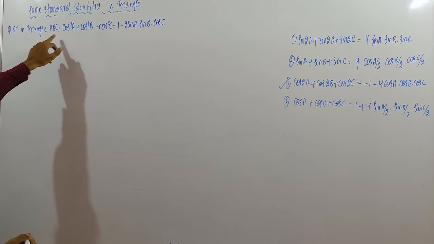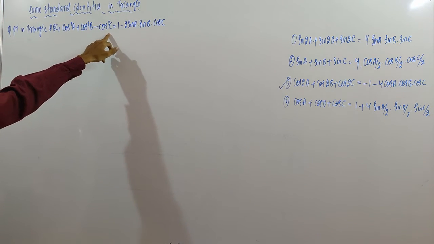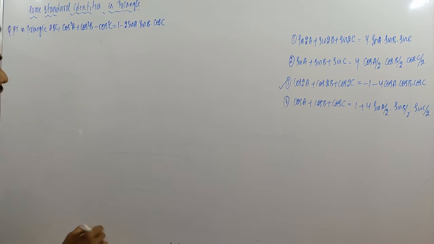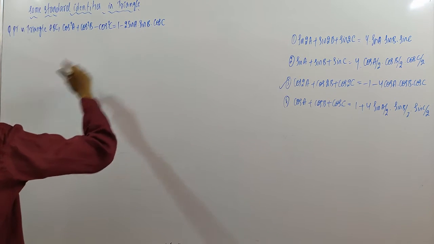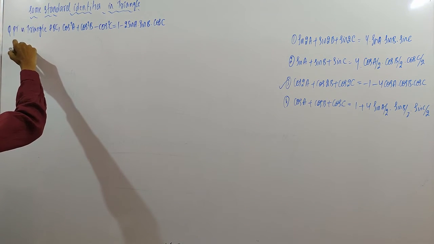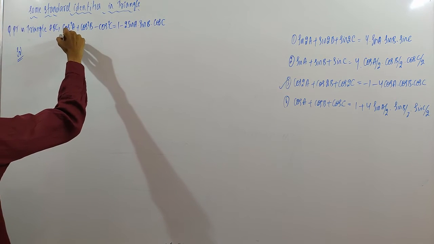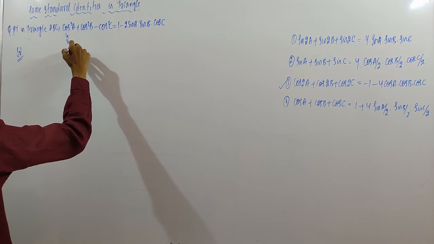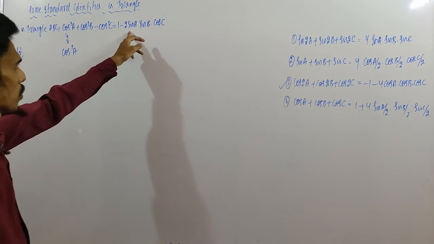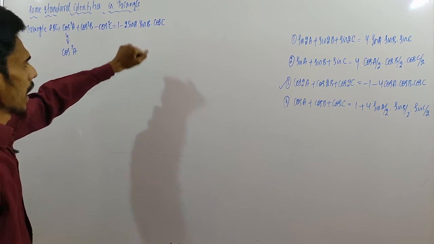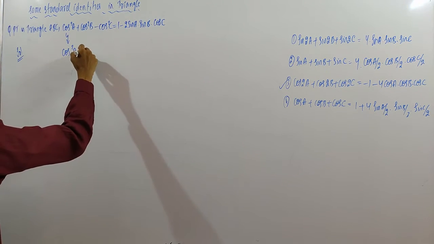Prove that in any triangle ABC, cos square A plus cos square B minus cos square C equals 1 minus 2 sin A sin B cos C. Write down this cos square A as it is. Here we have two terms in sine, so convert these two terms into sine.